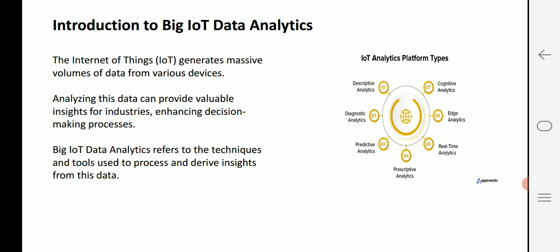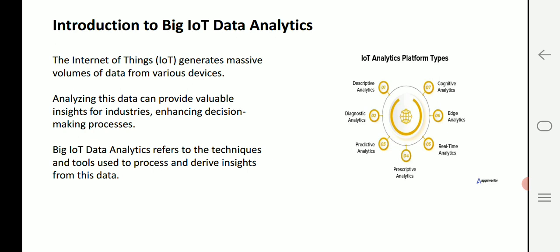So coming to a brief introduction about big IoT. IoT stands for Internet of Things. It generates massive volume of data from various devices. Basically, it gathers the information from various devices, and the data comes in various forms.